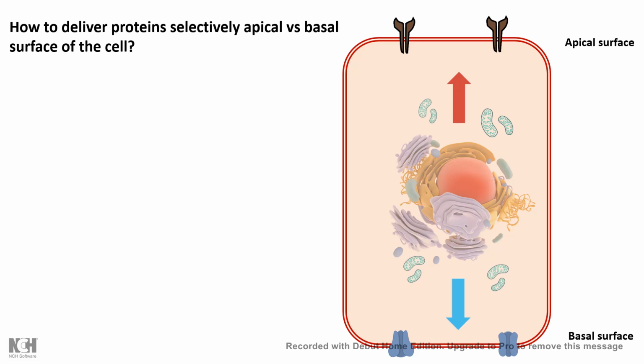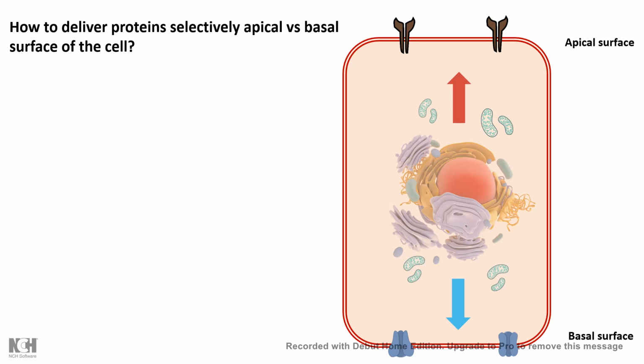So how does the Golgi ensure that the proteins that need to be displayed on the apical surface are selectively delivered to the apical surface, not the basal surface, and vice versa? This kind of stringent decision and sorting activity happens in the Golgi, and that is why the Golgi is such an important structure.